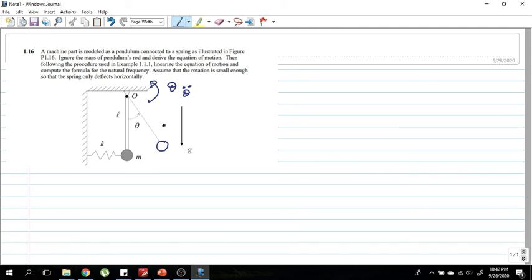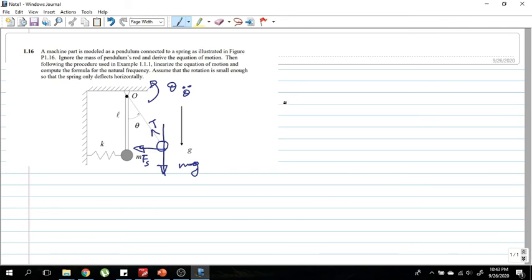At this instance, you have the weight acting downwards, and there is the tension, and the restoring force of the spring. I will denote it as Fs.